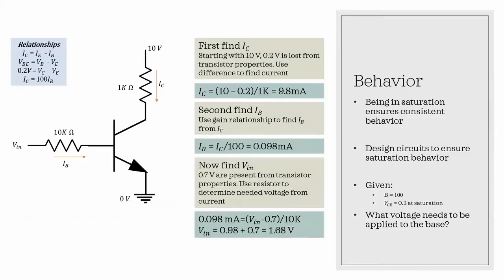All right, if we remember from the lecture on diodes, current is also proportional to applied voltage. So in order to ensure consistent behavior in current and make sure that we're operating in a region where that gain makes sense and is constant, we're going to need to operate in a region called saturation, where saturation is achieved by applying enough voltage so that our output current is at a maximum.